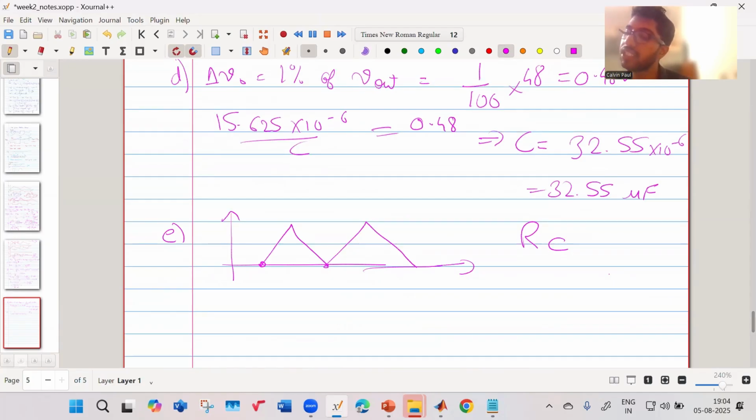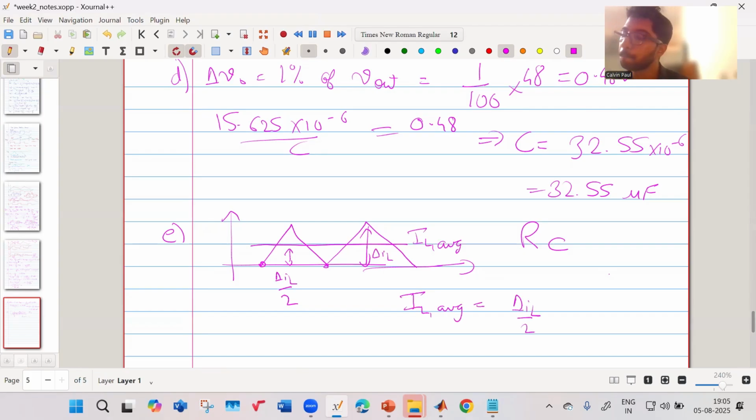So we are supposed to find this value of RC. In that case, this is your IL average, this is your delta IL, this is your delta IL by 2. So your IL average is equal to delta IL by 2.